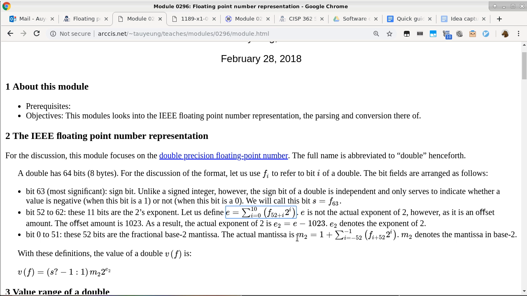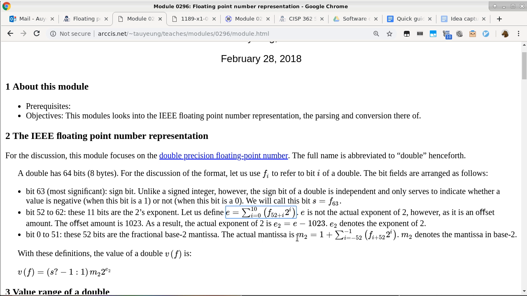Do we have any questions about this notation? It looks a little awkward. So we'll take a look at this. i is the index. It starts from 0 and ends at 10. So how many iterations do we have? 11 iterations. For each iteration, we produce a value which will be summed to become our E. Each term is f subscript 52 plus i.